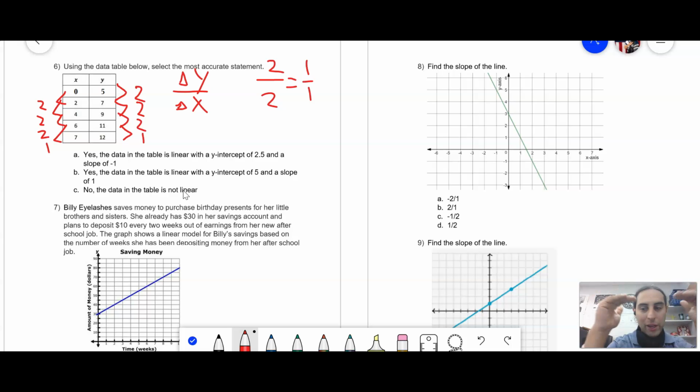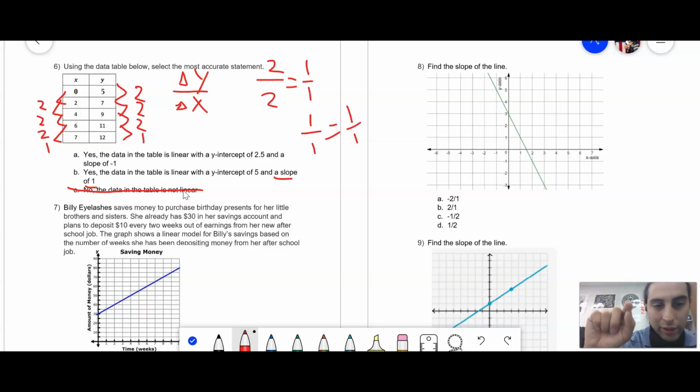And then if I do the next pair, left and right, 2 over 2 is 1. I do the next pair, 2 over 2 is 1. And then at the bottom, 1 over 1 is obviously 1 over 1, right? So actually every single bird beak is equivalent because they reduce to the same fraction. So this is linear, okay? So my slope is 1. Okay, so it can't be C, it can't be no. And I see that the one that says slope of 1 is letter B, right?